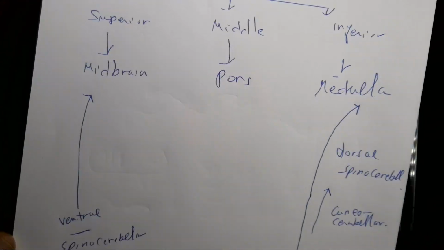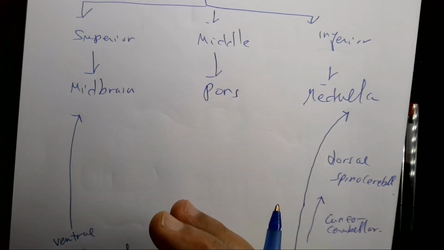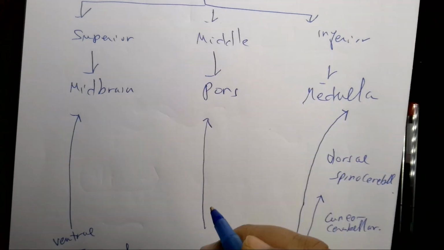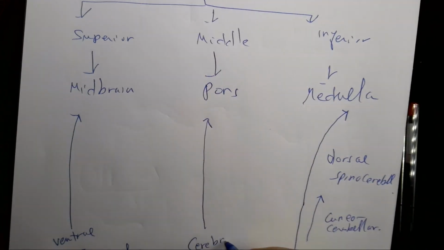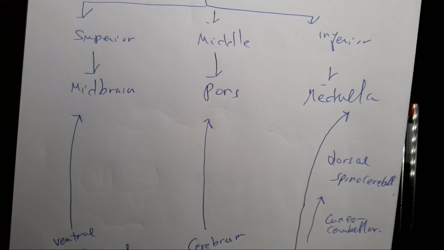The middle peduncle is the main entrance for the cerebellar tract coming from the cerebrum. Okay, the cerebellar tract, or sometimes called the corticopontocerebellar tract.